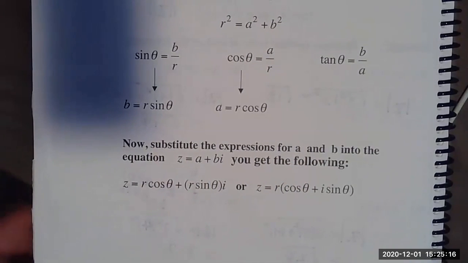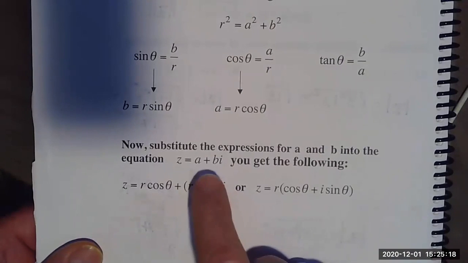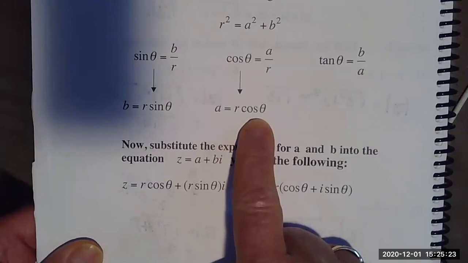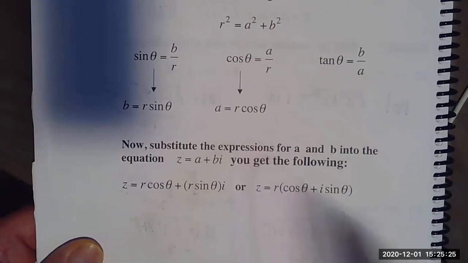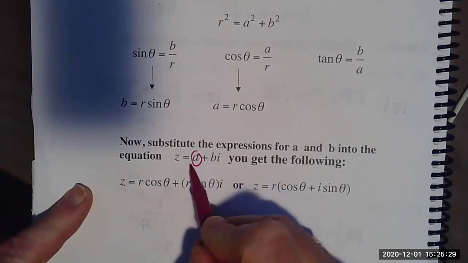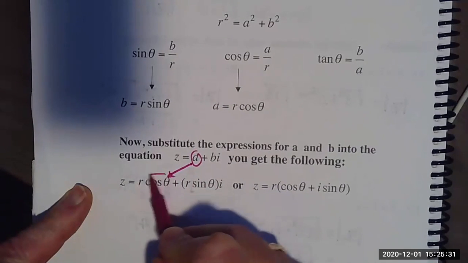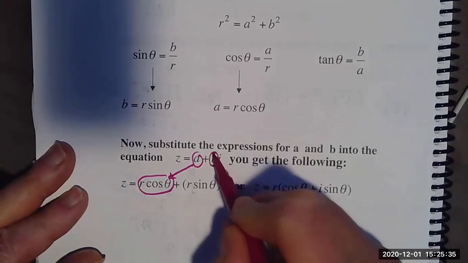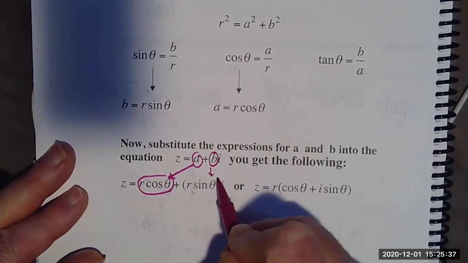So what's that saying? A equals r cosine theta. B equals r sine theta.